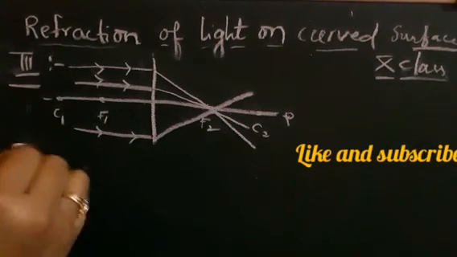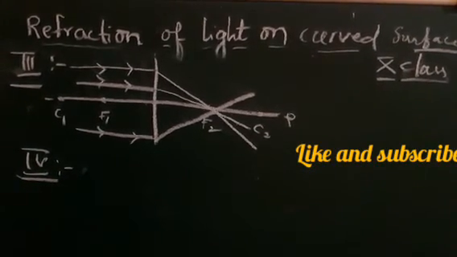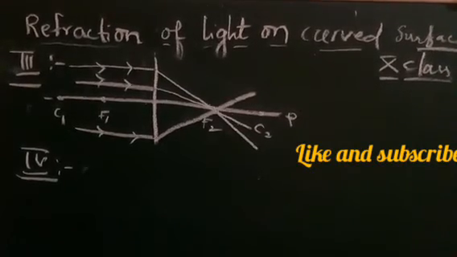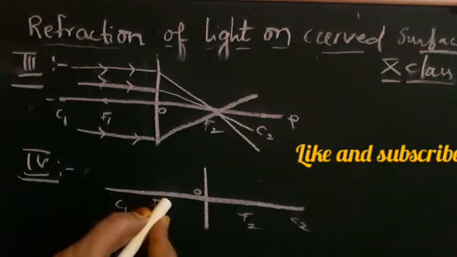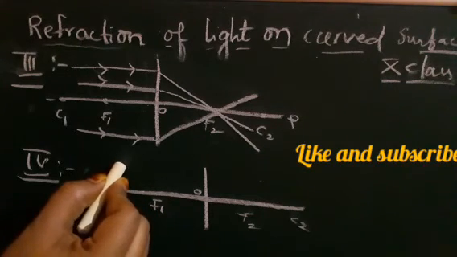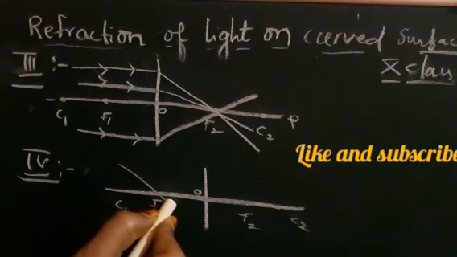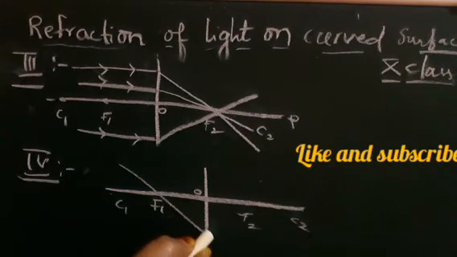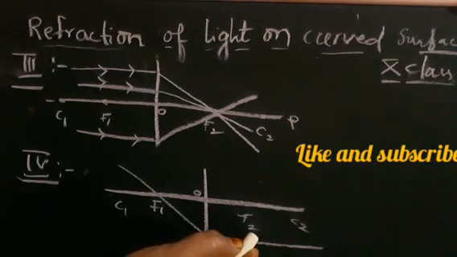Now next, the last one, that is the fourth situation: a ray of light passing through the focus. If the light is passing through the focus like this, then the refracted light will be parallel to the principal axis.